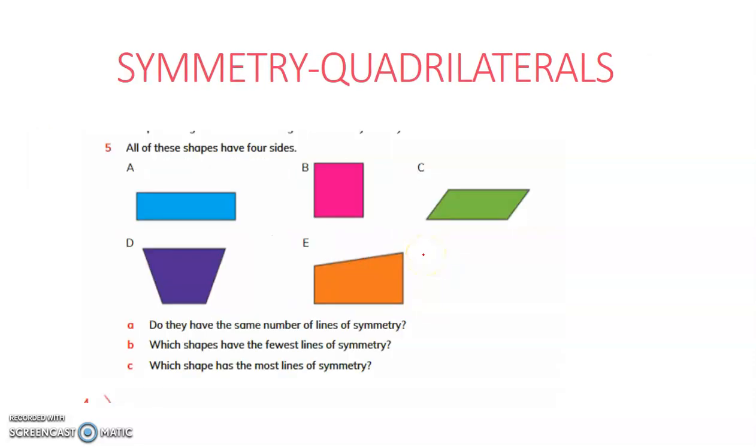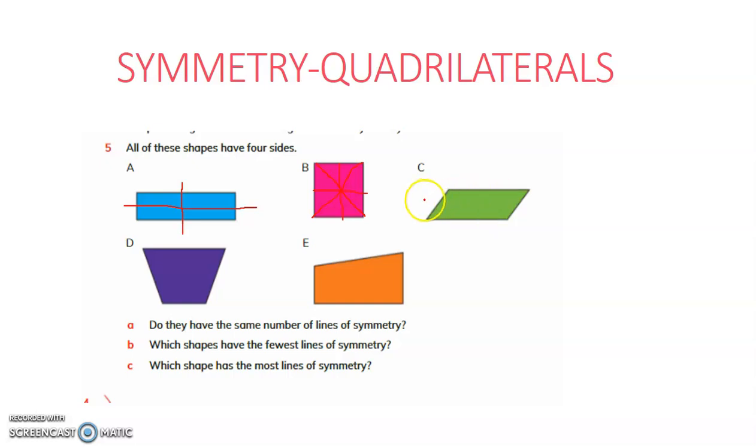Now all these shapes have 4 sides. Do they have the same number of lines of symmetry? We know a rectangle has vertical symmetry and horizontal symmetry, but is not diagonally symmetrical. A square has vertical symmetry and horizontal symmetry, and it is symmetrical across the diagonals as well.